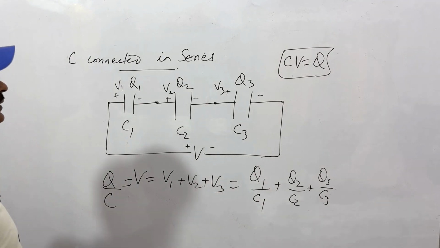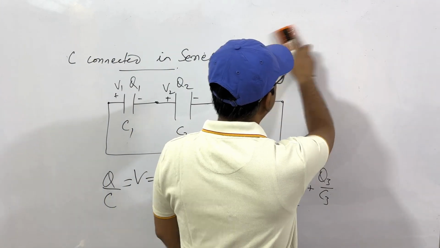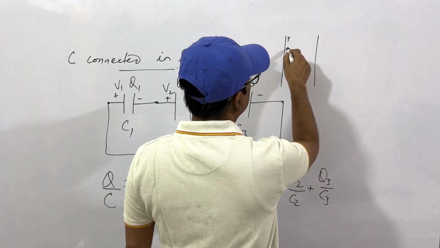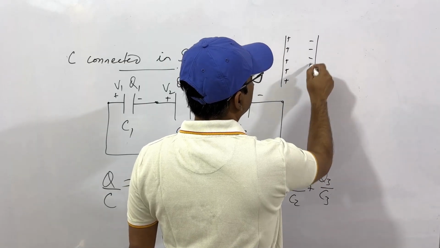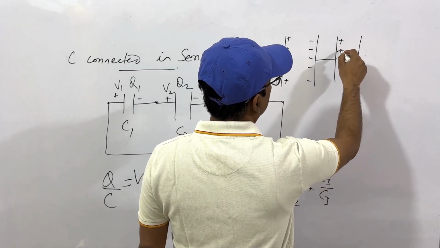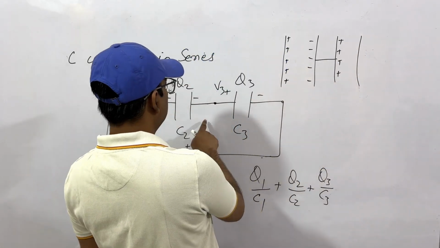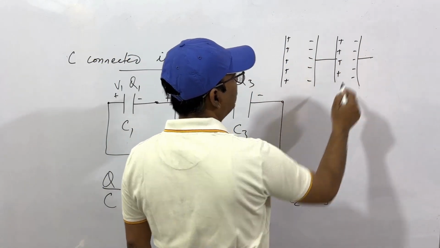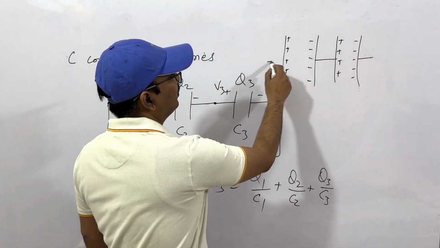Now try to understand. If we have a parallel plate capacitor, this one, we have charge here and it is connected to another capacitor. I am redrawing it here. So this will be plus minus, plus minus, plus minus. We have applied voltage.